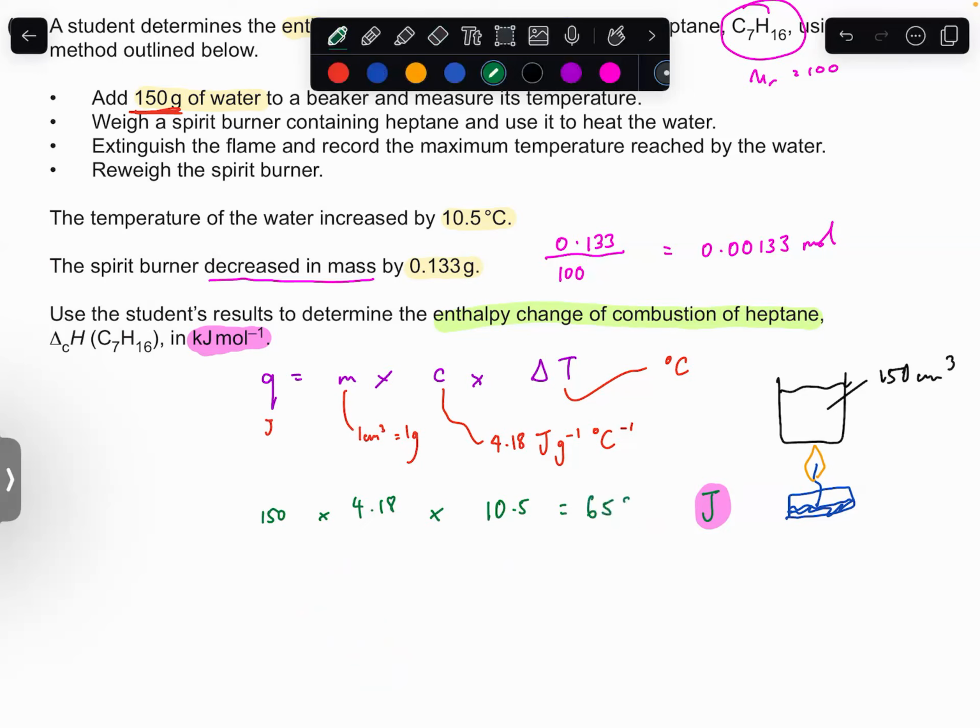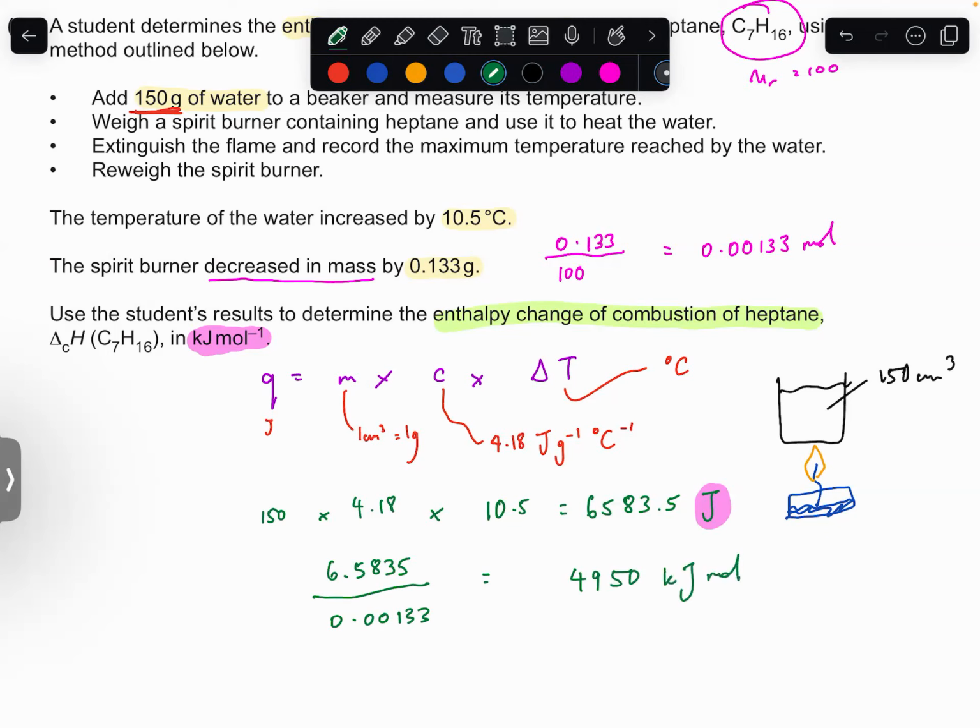So that gives 6583.5. So we divide that by 1,000, 6.5835 kilojoules. Divide that by the number of moles, 0.00133. That gives us 4950 kilojoules per mole.